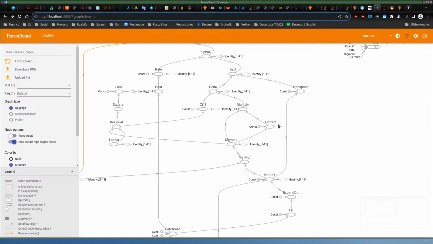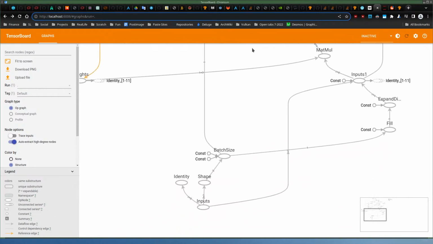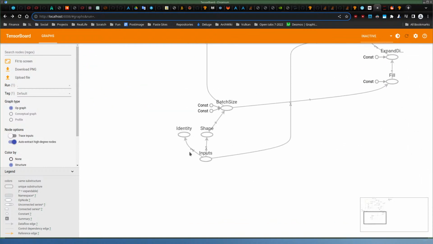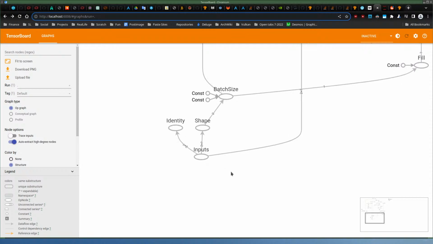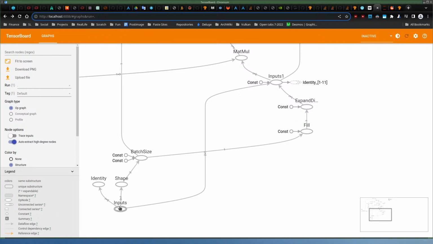What were we going to look at? Oh yeah, so the first time, of course, we have inputs, and I need to pass them, feed them into the network, because they are used.